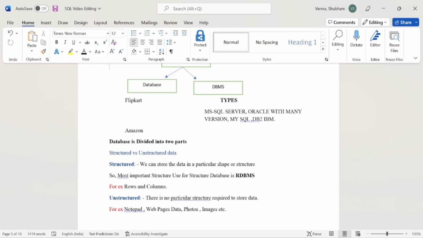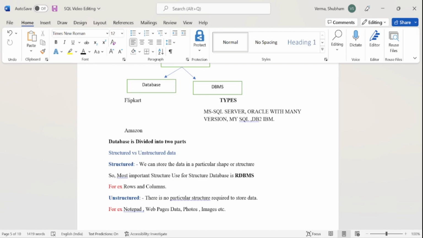For example, if I talk about Netflix, do they have Netflix user data? Of course not. In a similar way, do they have any other organization's data like Domino's customer data? No. That means these other organizations use different databases to manage their data. We cannot club Amazon data with Netflix or Domino's because all the organizations have their own databases.